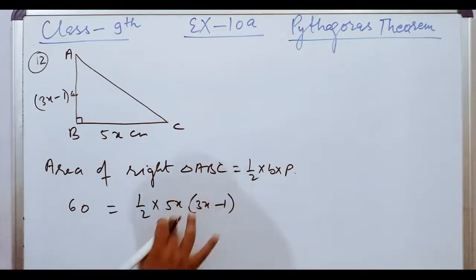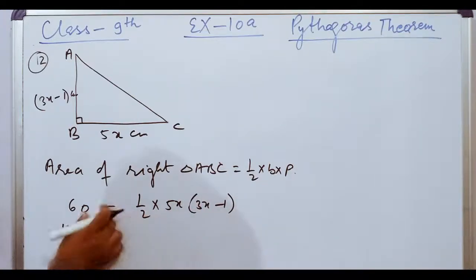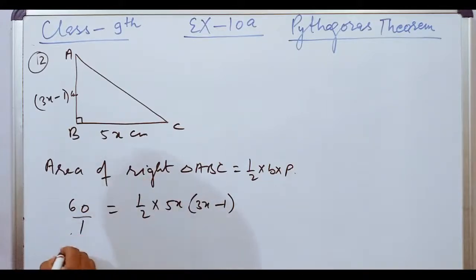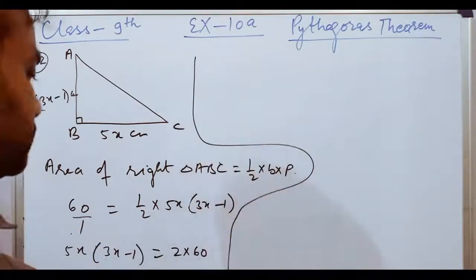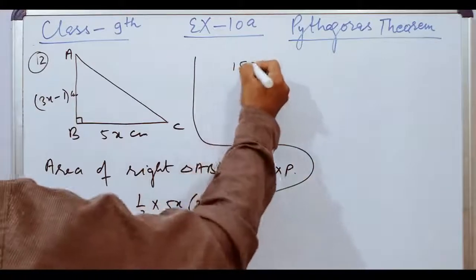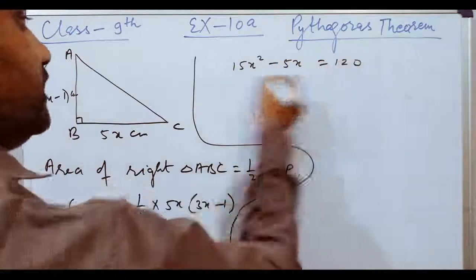Area is given 60, half, base 5x into 3x minus 1. Then cross multiplication, 2 times 60 is 120. Cross multiplication: 5x into 3x minus 1 equal to 2 into 60. It is 15x square minus 5x equal to 120.